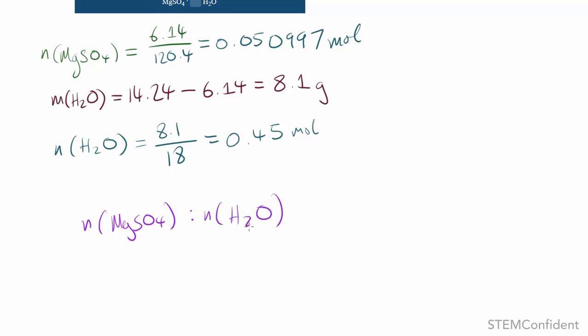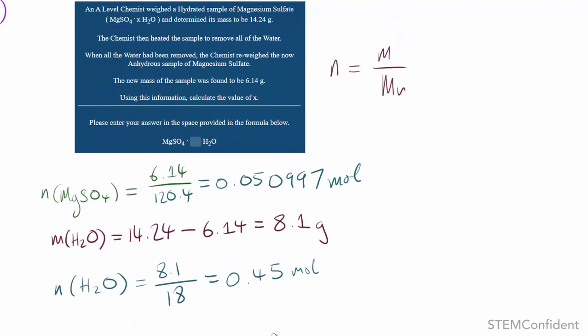For MgSO₄ we've got 0.050997, and for H2O we've got 0.45. And remember, the question for X is: for every 1 mole of MgSO₄, how many moles of H2O?